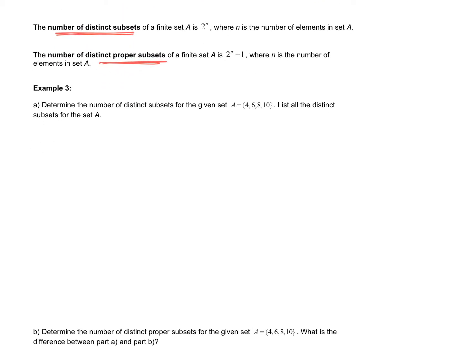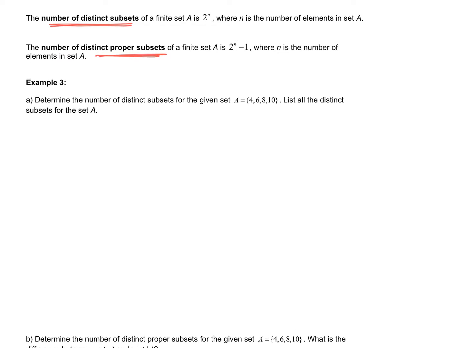First, determine the number of distinct subsets of the set 4, 6, 8, 10, and then list them all. Before listing, I'm just going to use the formula. How many subsets are there in this set A?